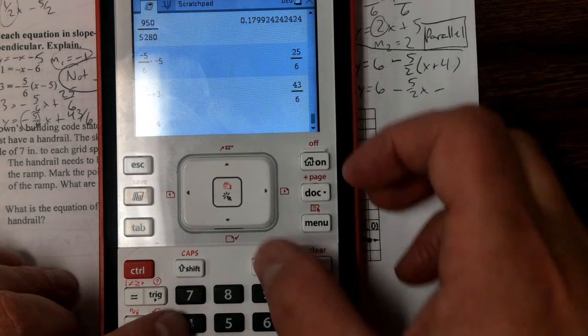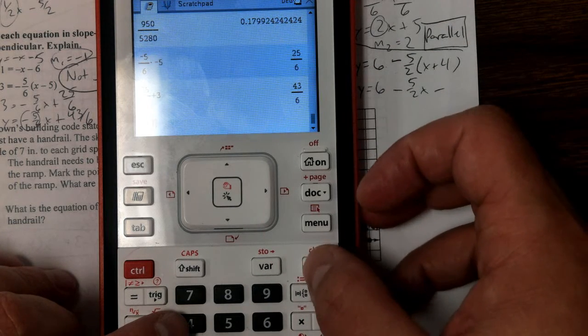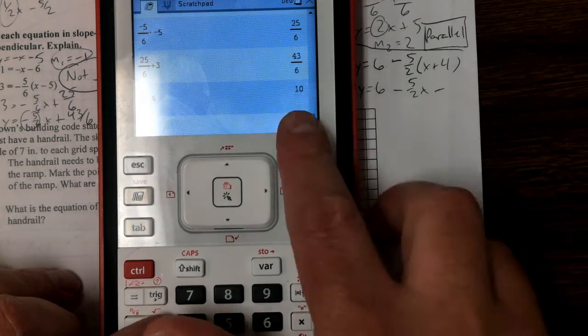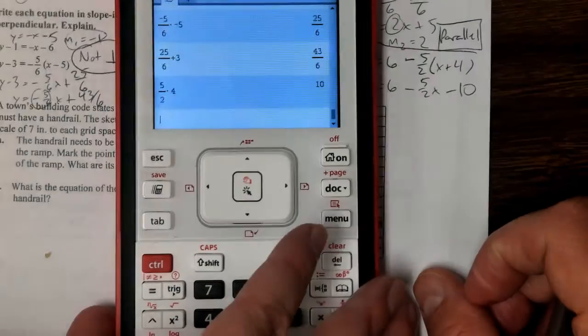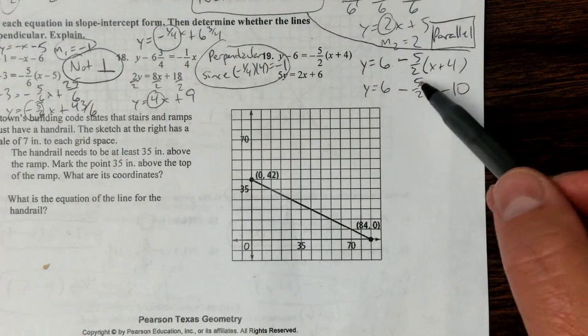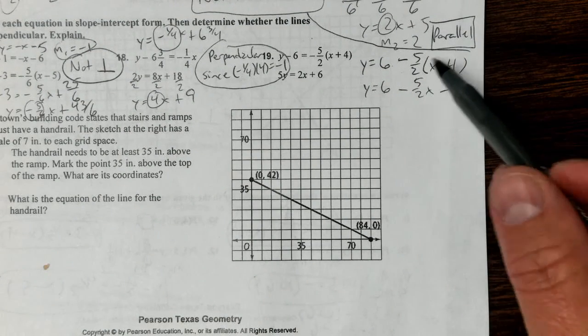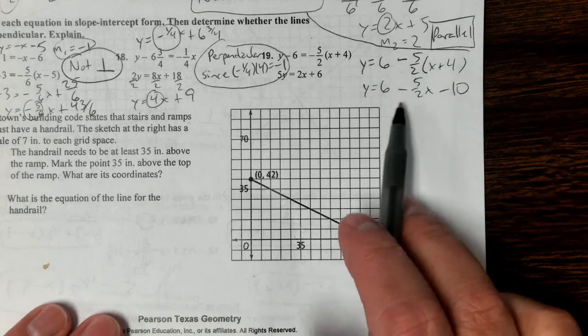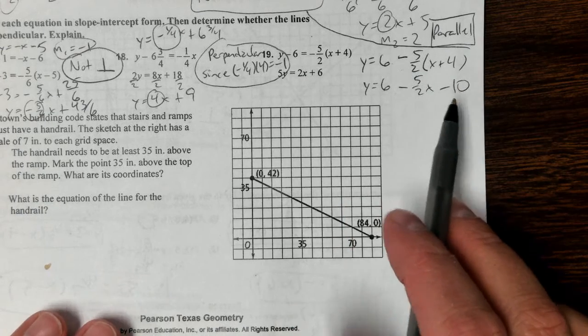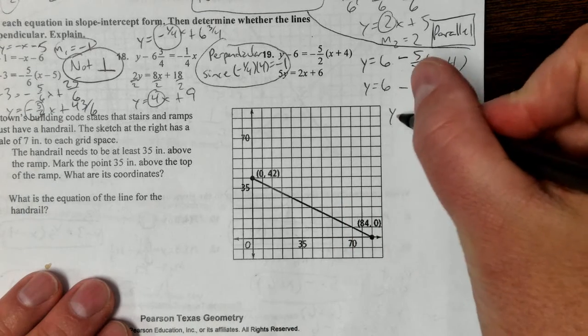Whoops, I wasn't looking at that. We get 10. If you want to, you can think of it as 4 divided by 2 is 2, and then 2 times negative 5 is negative 10. So then at this step we go 6 minus 10, which is negative 4.